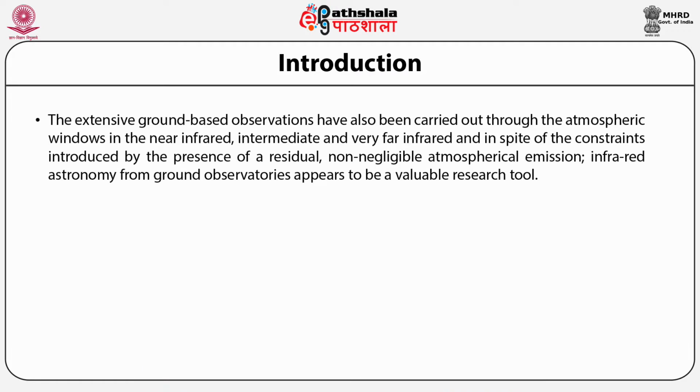Extensive ground-based observations have also been carried out through the atmospheric windows in the near, intermediate and far infrared. In spite of the constraints introduced by the presence of a residual, non-negligible atmospheric emission, infrared astronomy from ground observatories appears to be a valuable research tool.